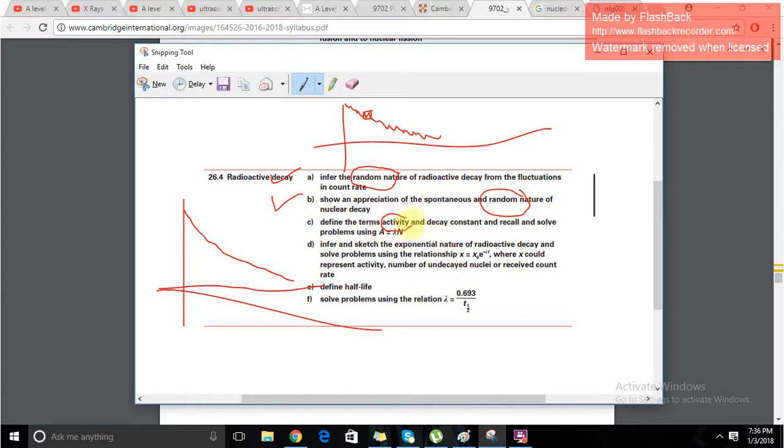Activity, again, is the rate of nuclear disintegration, and decay constant is the probability that a particular nucleus will decay in a particular time interval. And how do we get the value of lambda? Because the probability of any nucleus in a huge sample decaying is the same, because this is a spontaneous process.